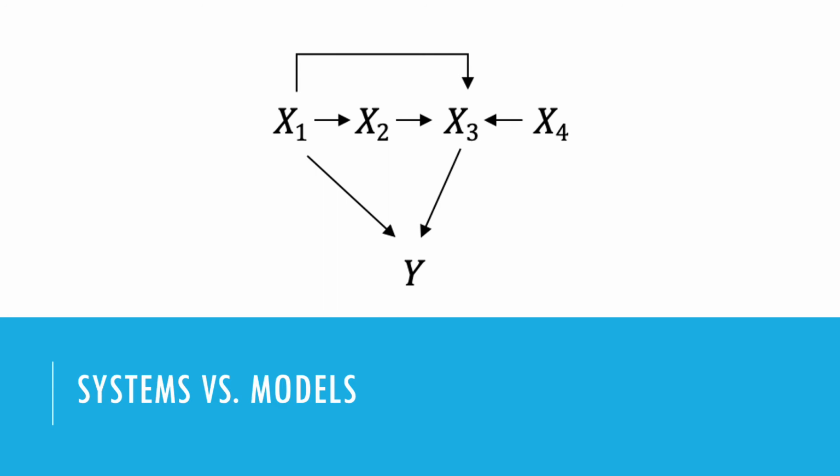You've got a collider, you've got a mediator, you've got some variables with multiple edges coming out, some with just one, and only 2 of our predictors have direct edges into y. This sort of thing happens all the time. In fact, in a higher dimensional system, you could have a much more complex set of incoming and outgoing edges depicting causal relationships between variables.